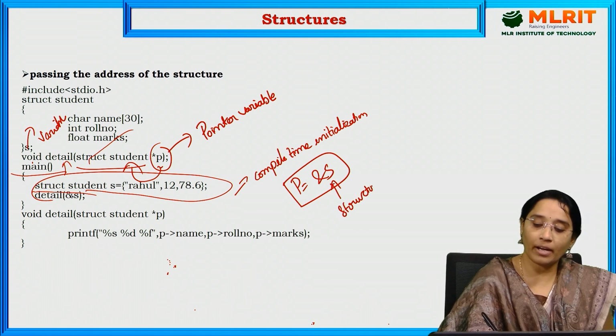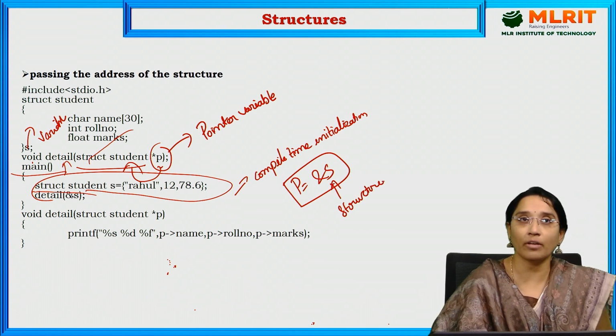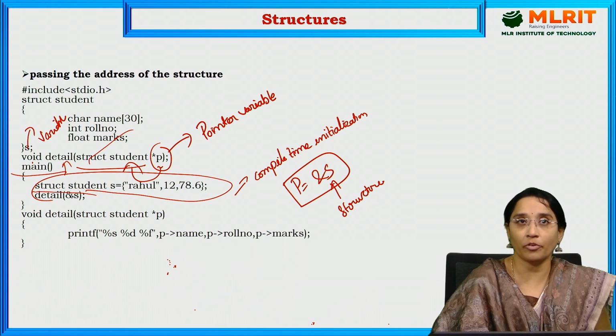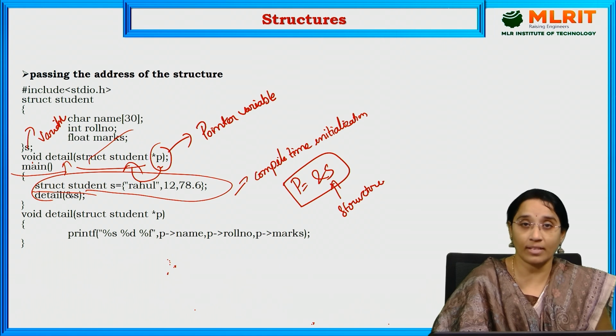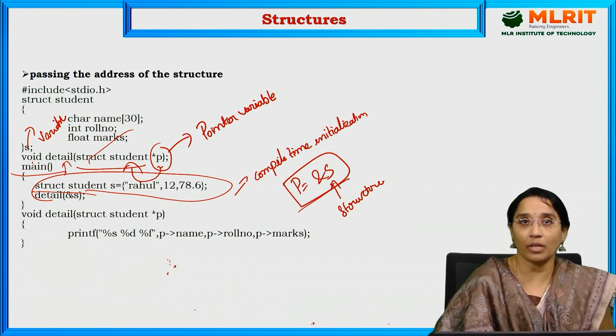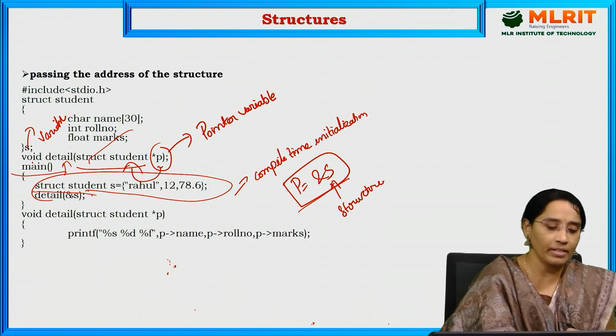When you create a pointer variable, the pointer will point to the structure, that is, the variable S we have taken. We have discussed this concept in pointers to structures: how to declare the structure variable, how to declare the pointer variable, and how to initialize the pointer variable. So here P equals address of S. The same thing you will pass as the parameter in the function call.